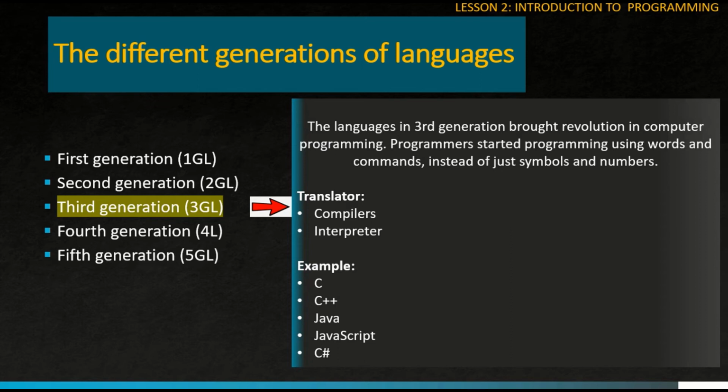Together with languages, computer scientists developed special programs, called compiler and interpreter, in order to translate words and commands into machine code. All the languages in third generation are high-level languages. Examples of such languages include C, C++, Java, JavaScript, C# and many others.